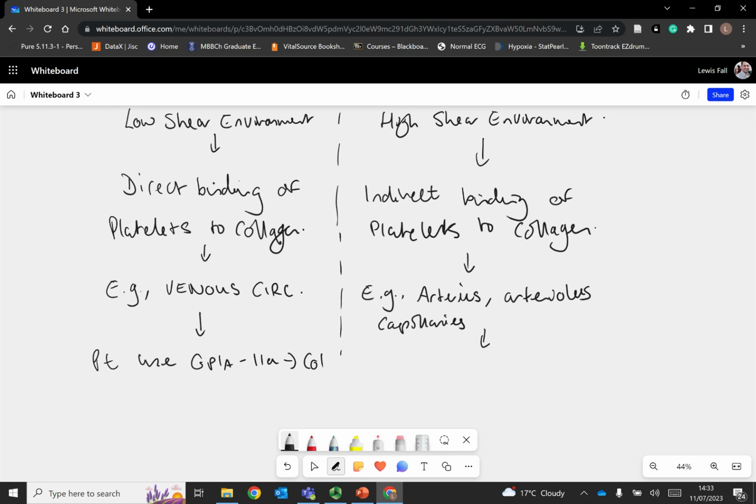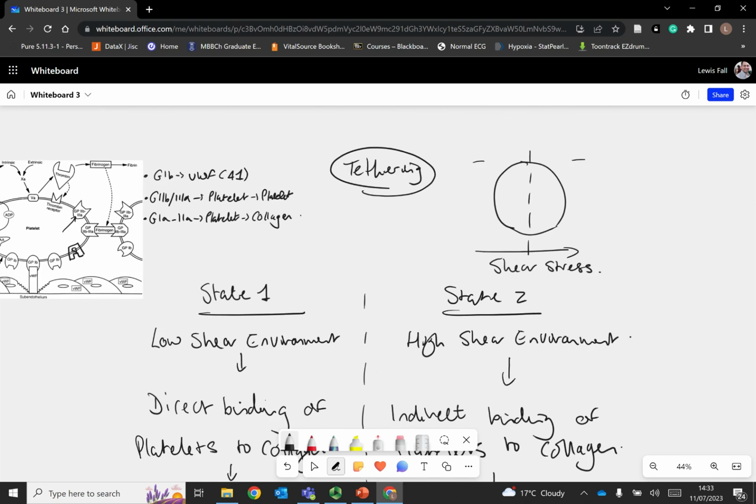What we get with indirect binding is interaction with von Willebrand factor. If we've got von Willebrand factor, it's going to be glycoprotein 1B, and it's going to be then everything that we've said above.